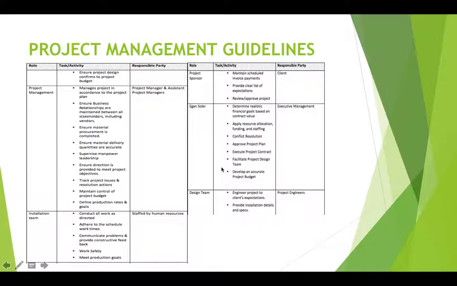We will execute the project contract. We will develop an accurate project budget. We'll facilitate a project design team, and we'll determine realistic financial goals based on our contract value. That's going to be handled by executive level management.